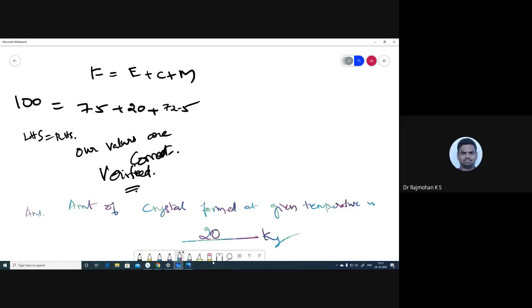Is that correct? You may get a value in fractions also. You may get even 19.8 to 20.2, so in that range, the value is correct. Okay, so that is the answer.